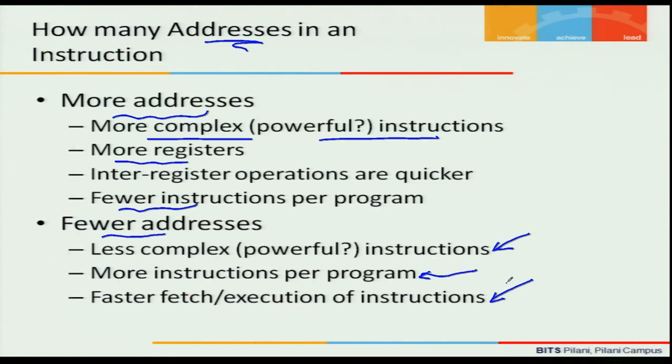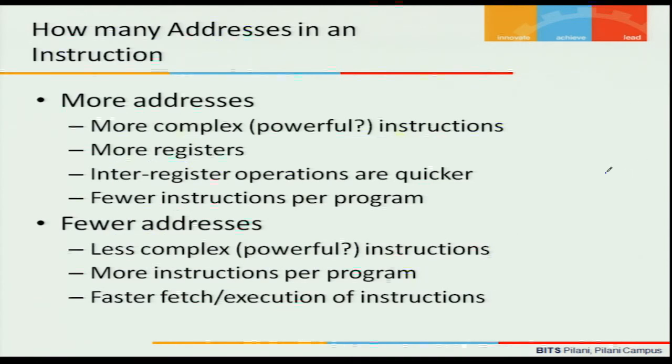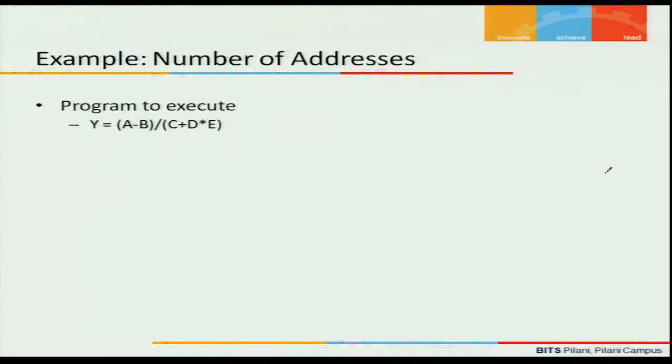execution of these instructions. Let's take up an example and check how different numbers of operands in a given instruction could impact the way in which we write the program to solve a particular problem. The problem with which we will work is a simple one.